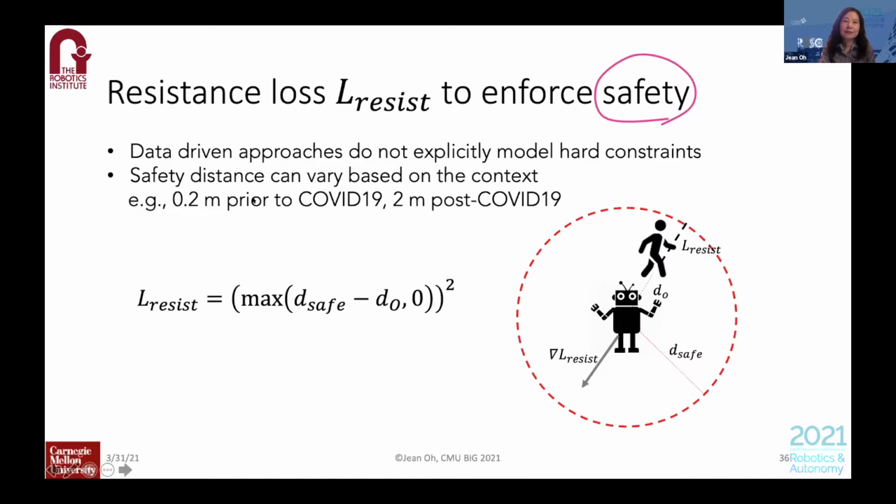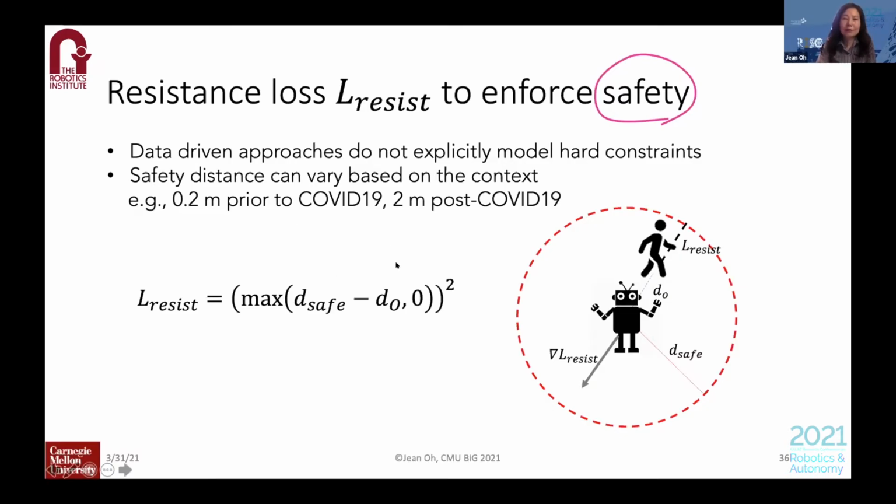And then the safety distance also depends on the social context. A good example is that prior to COVID-19, it was 0.2 meters in the existing psychology literature, but now it's 2 meters. And when everyone is far apart, there's not much need to care about social distancing.